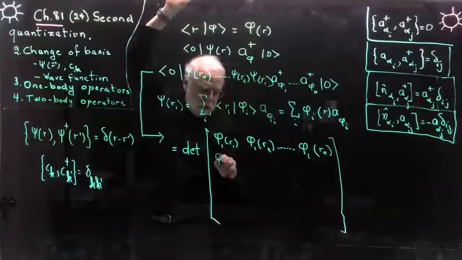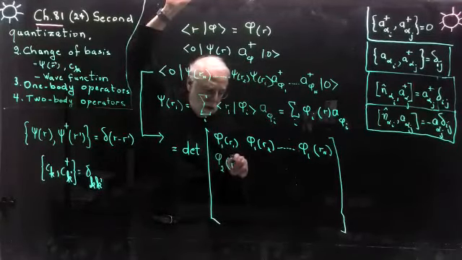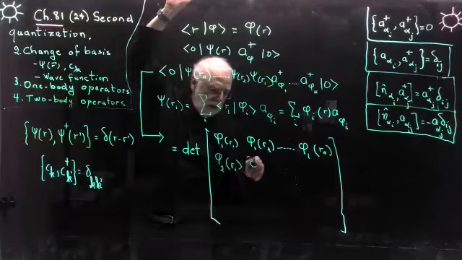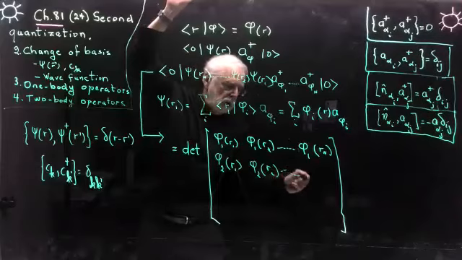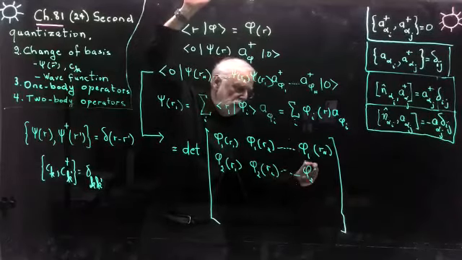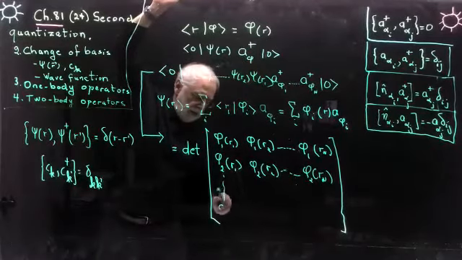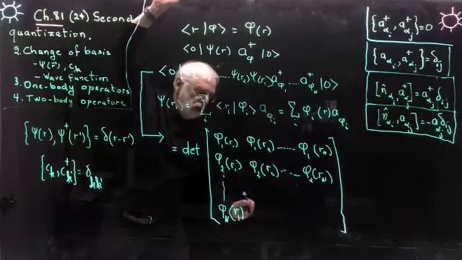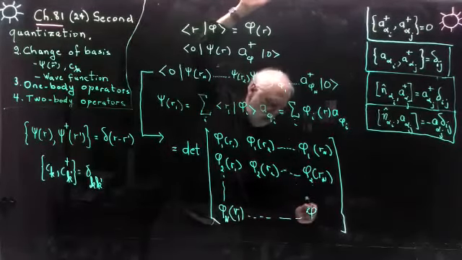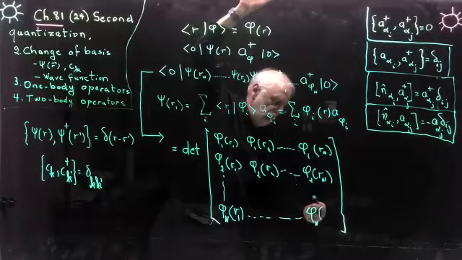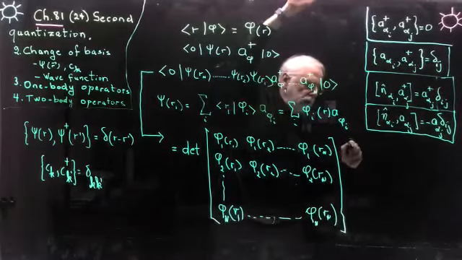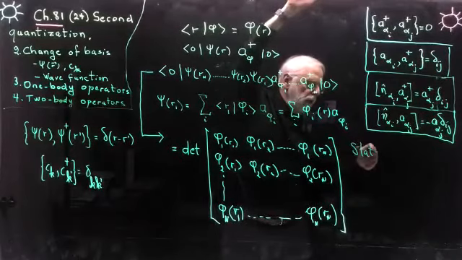And here I have phi 2 of R1, phi 2 of R2, etc., phi 2 of Rn. And I have phi n of R1 up to phi n of Rn. So that's called a Slater determinant.